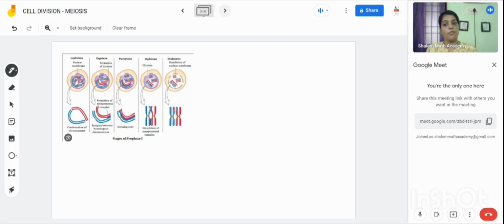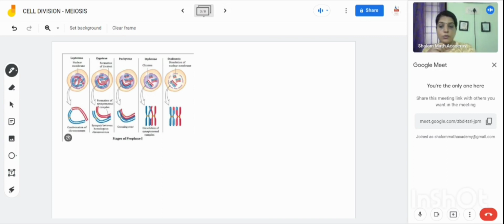Then again, we have prophase 2, metaphase 2, anaphase 2, then telophase and cytokinesis. Now, what happens in meiosis 2 is generally said to be more like mitosis. It's exactly like what happens in mitosis. Division takes place in meiosis 2. Meiosis 1 is a little complicated because this is the phase where there is exchange of genetic material.